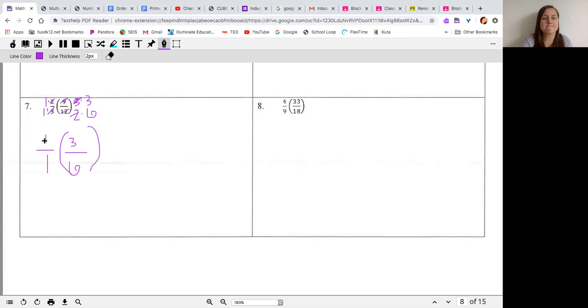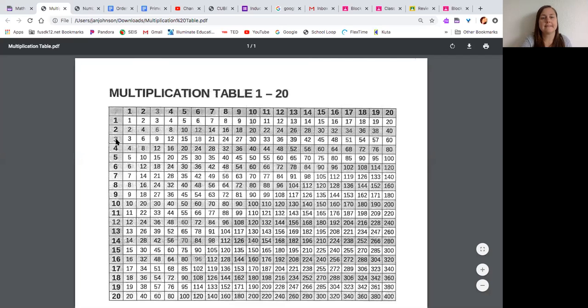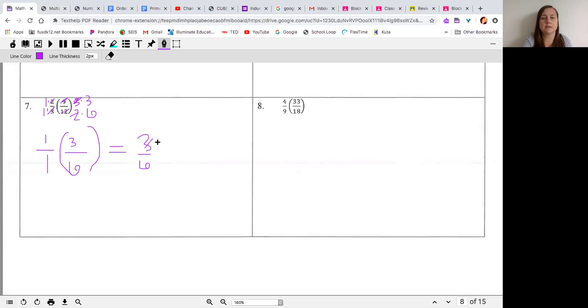Step by step, right? So 1 times 3 is 3. 1 times 6 is 6. But you know, that can still be smaller because 3 goes into 6 2 times, right? So I put my 3 times 1 and then 3 times 2.